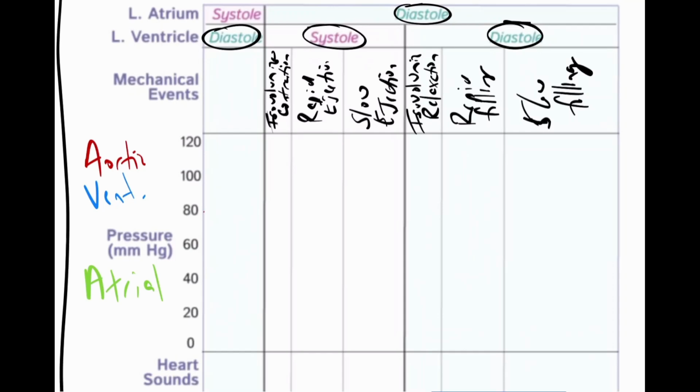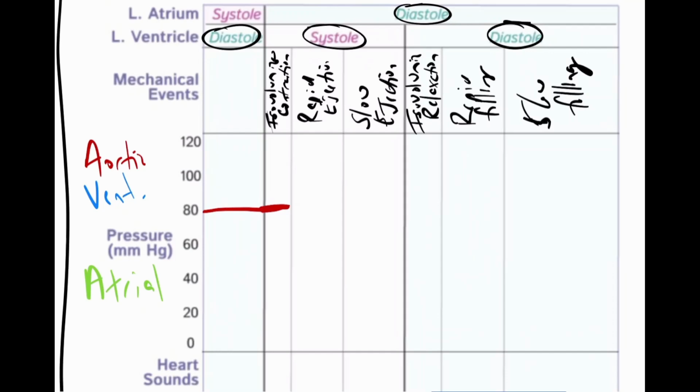80 is at rest. There's our aortic pressure. In the next segment, is there any changes in pressure in the aorta? Nope, we're at isovolumic contraction, so this doesn't change. Stays in the same line.